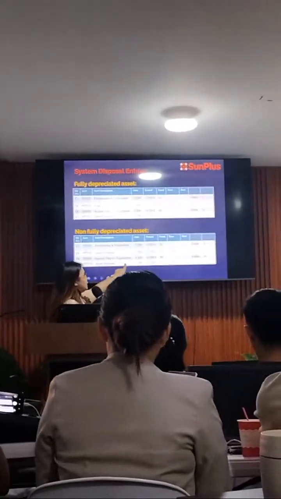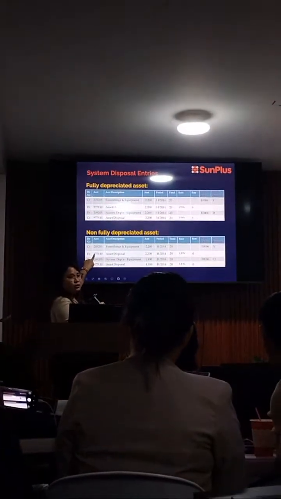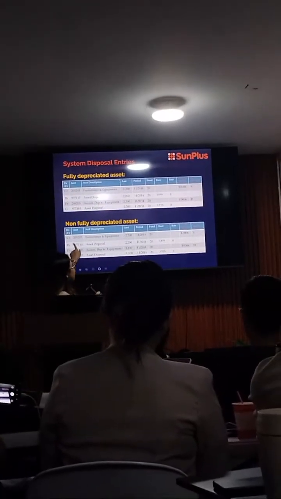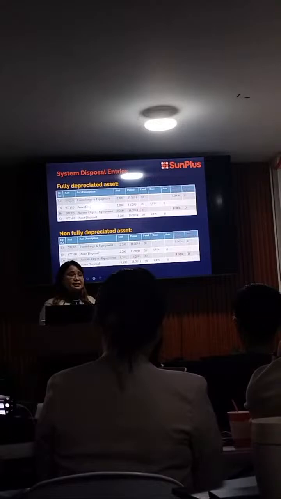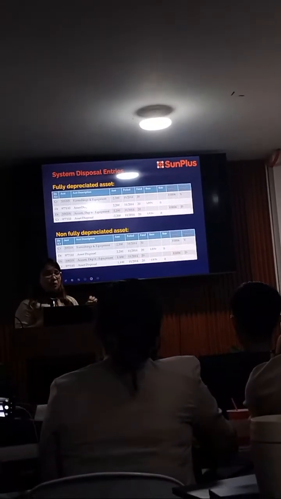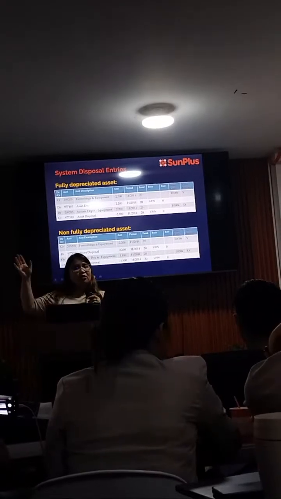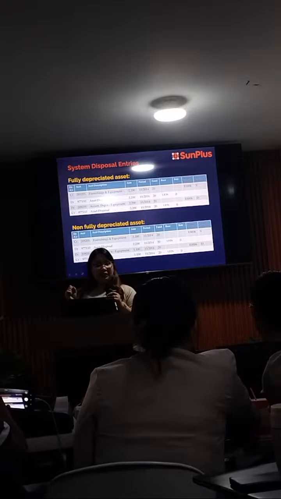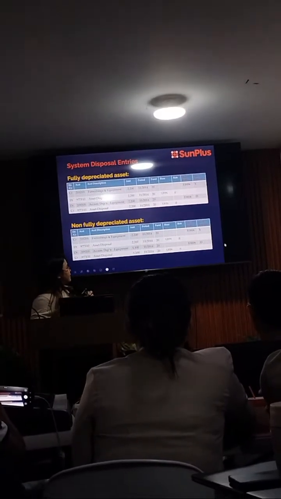For the accumulated depreciation, the system will debit 1,100. Ano ang magiging balance nitong account na to? 1,100. So, meron kang debit ng 1,100 as the balance, expense account mo, which is what will appear on your income statement. Okay? So that's how it is.